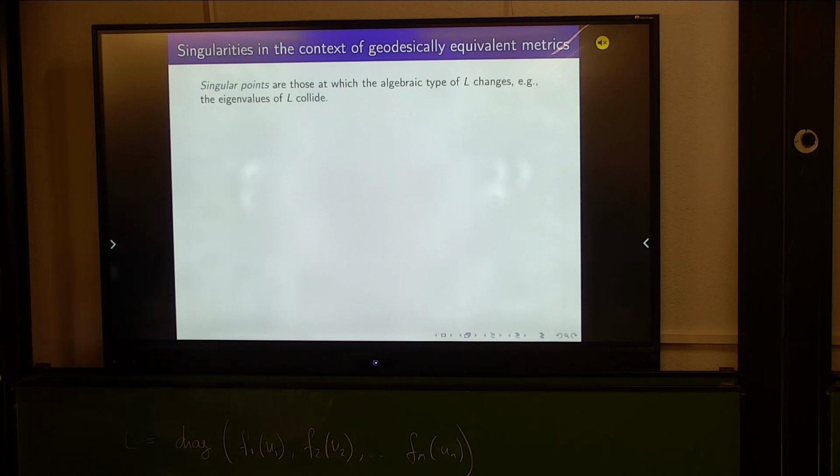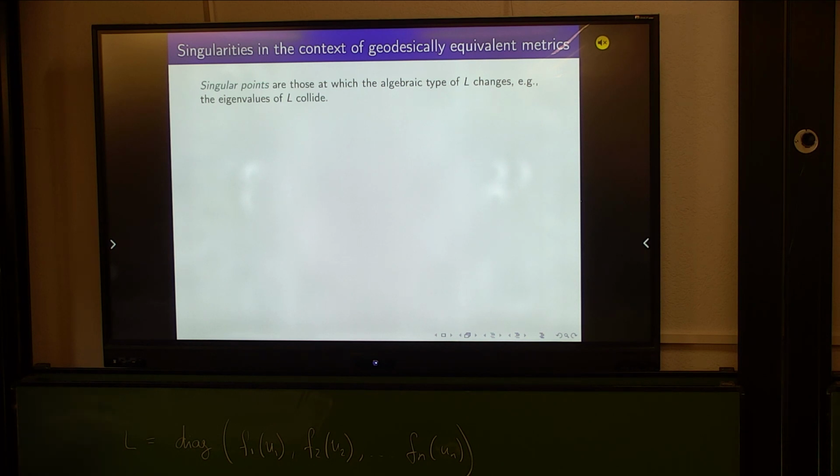There is a Liouville theorem which says that everything is very nice almost everywhere, but the most interesting events happen at singular points. What is a singular point in this context? A singular point is a point where something happens to this operator L, where the algebraic type of this operator changes. For instance, eigenvalues of L collide.